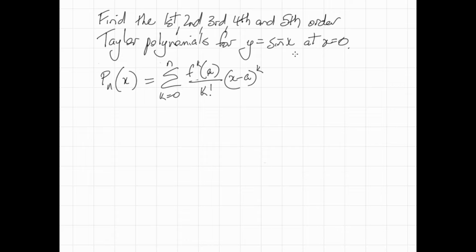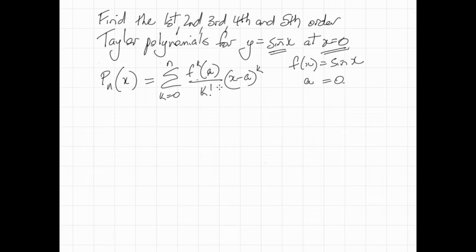What else does this question tell us? What is f of x? It tells us that f of x is equal to sine x. And the information down here tells me that at x equals 0, a is equal to 0.